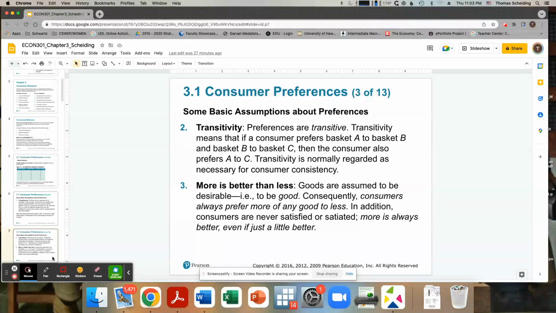I'm not going to rewrite this out here, but as the description describes it, if I prefer A to B and I prefer B to C, then logically I would have to prefer A to C. So it just makes sure that, as it says, there's consistency in my preferences for the bundles.